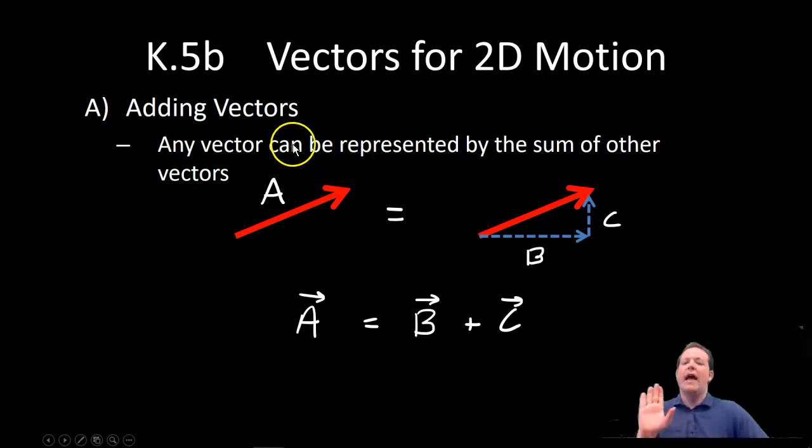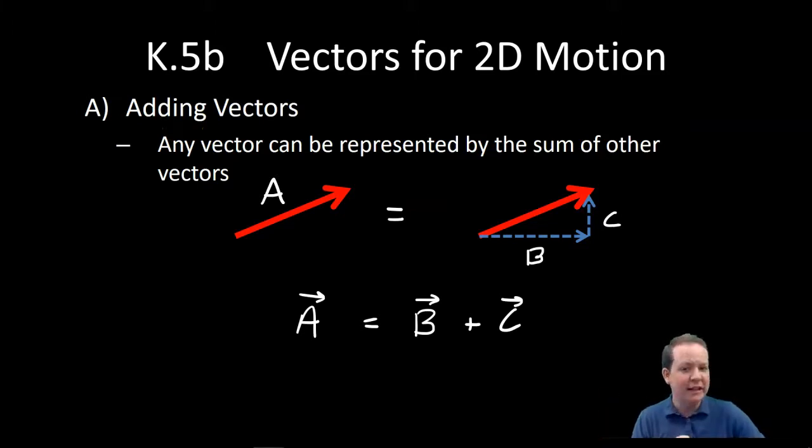Now, the thing that we're going to focus on is this idea of adding vectors. Just like you can add numbers, 5 plus 3 is 8, you can add vectors together. A vector, if you remember, is some amount and some direction. Velocity is a vector, some amount, 20 meters per second, and a direction, north. You could represent that visually with arrows, and that's how vectors are often represented.